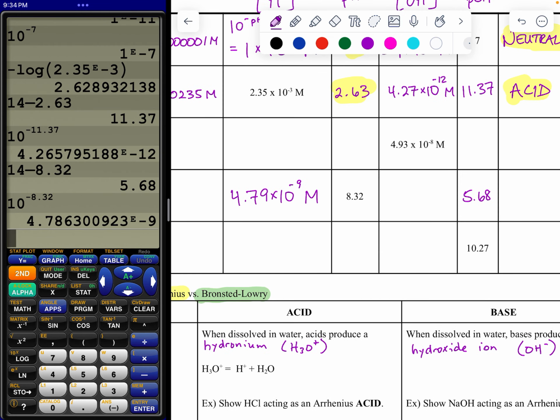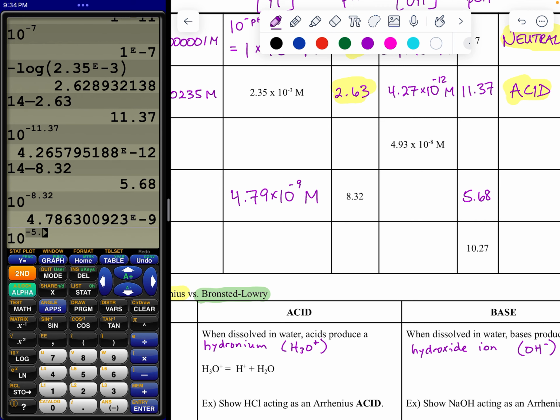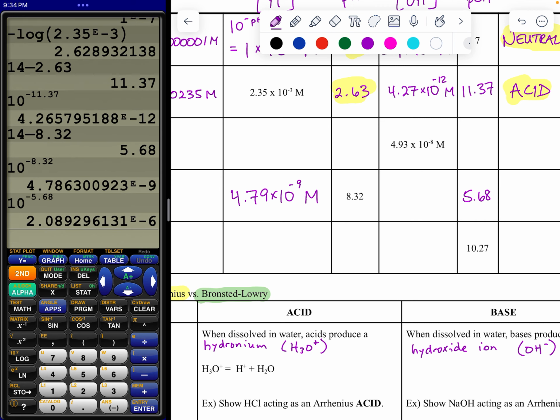And then I get 10 to the negative 5.68, which is 2.09 times 10 to the negative 6 molar for my hydroxide ion content.